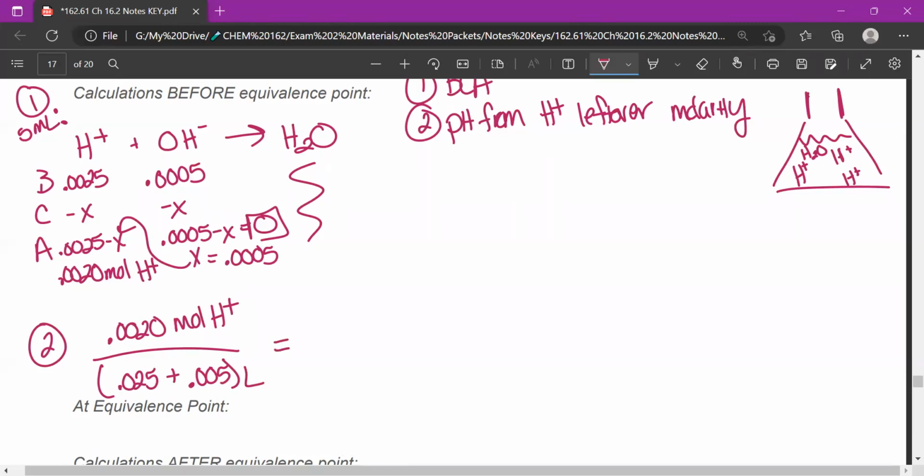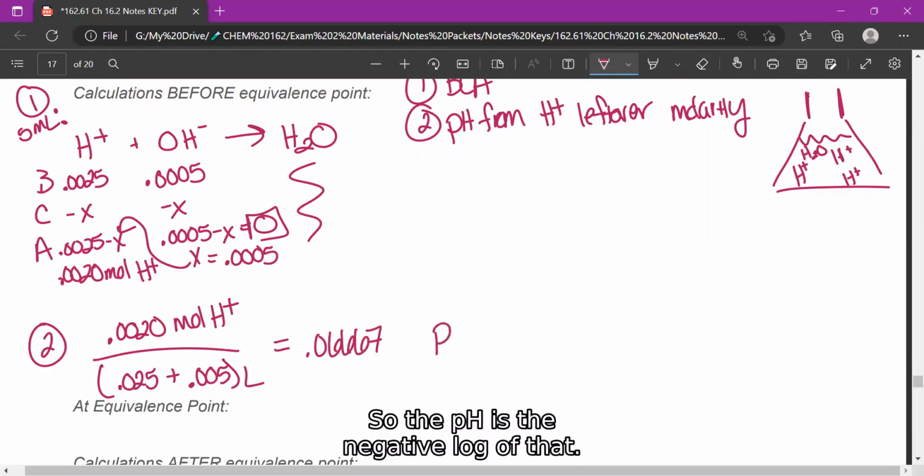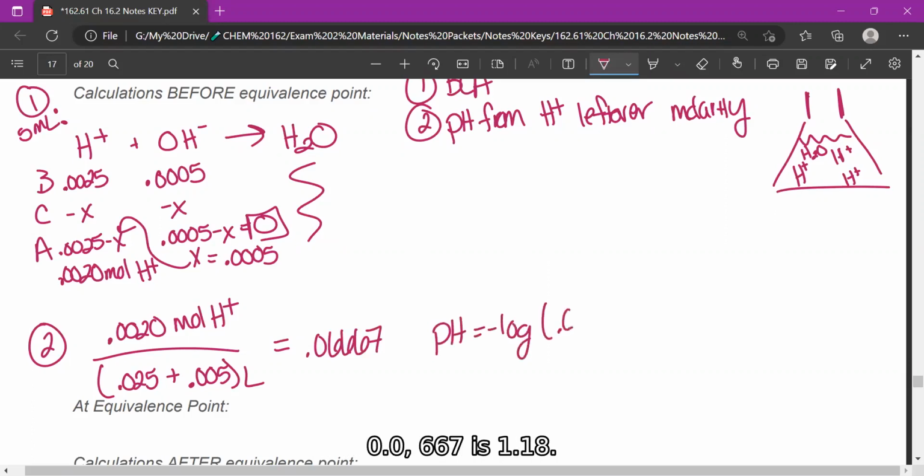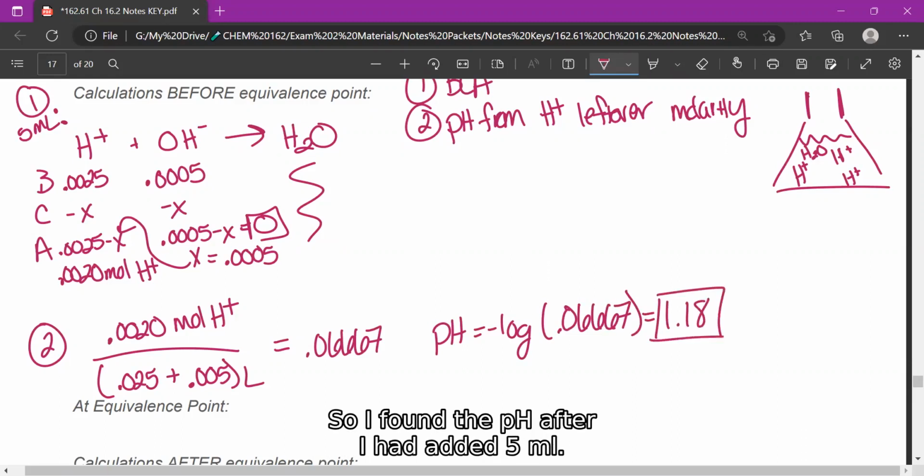There we go. 0.002 divided by 0.025 plus 0.005, I get 0.06667. So the pH is the negative log of that. 0.06667 is 1.18.